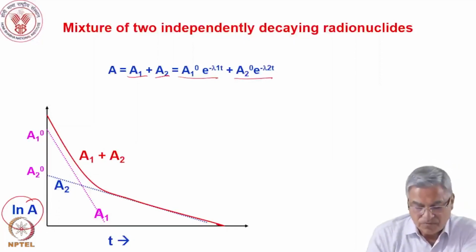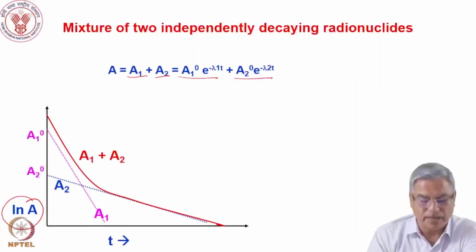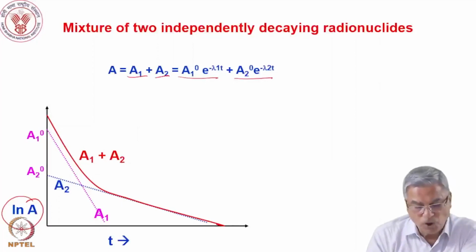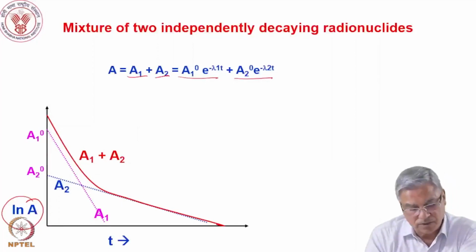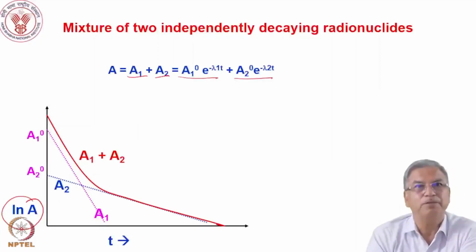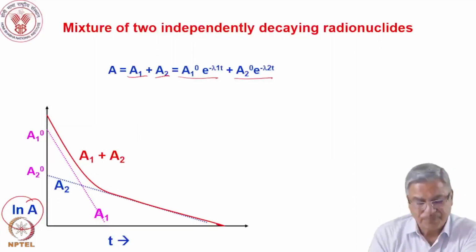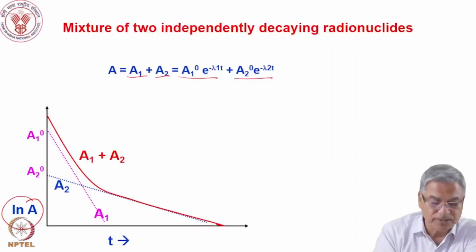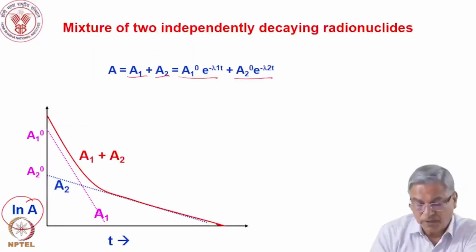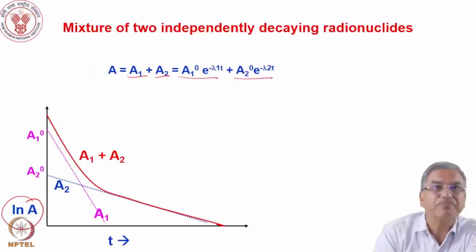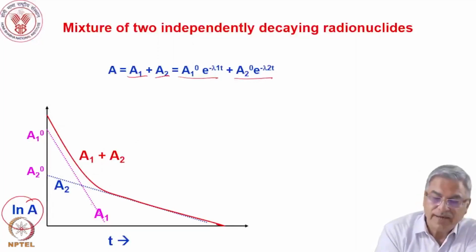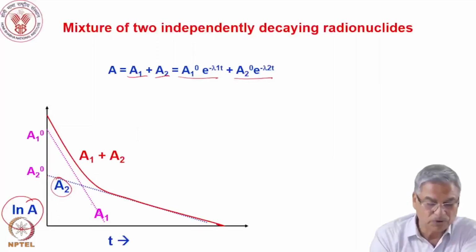Now, how to resolve such data? On a semilog paper, when the half-lives of the two isotopes are different, at a much later time, when the short-lived isotope has decayed, you can extrapolate the linear portion to zero time, and what you get is the activity of the long-lived isotope.